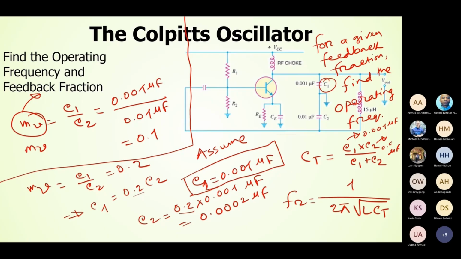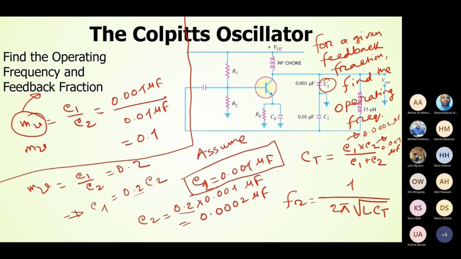Sorry for that. So MV means feedback fraction, yeah? Yeah, MV means feedback fraction. Okay. Thank you. No problem. So you just apply the formula, then you get the operating frequency. That's it.